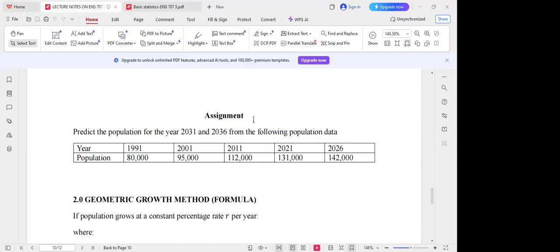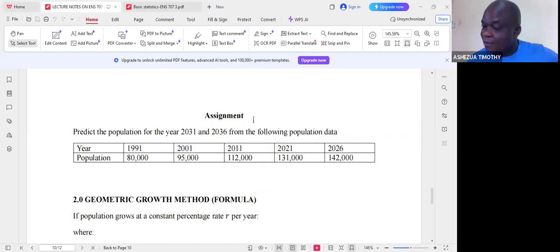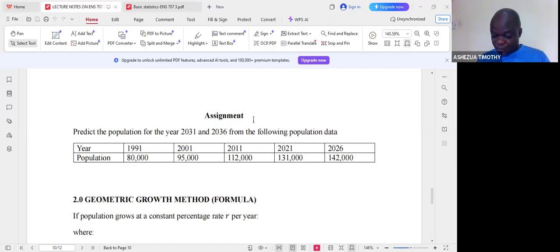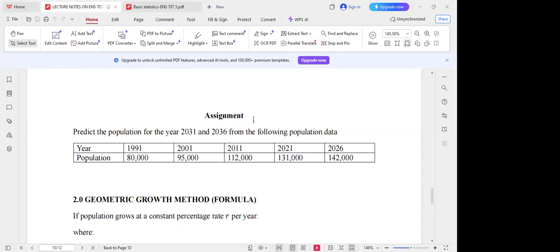So, I mean, we will check the process. I have 151,700, and for 2036, I have 161,400. So check your calculator, maybe it malfunctioned.